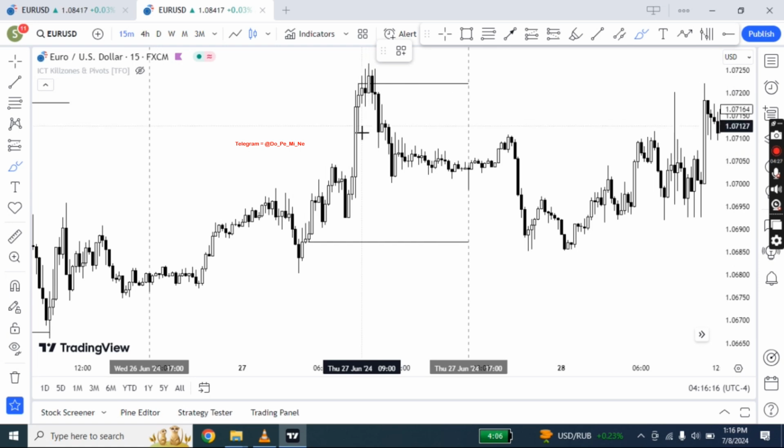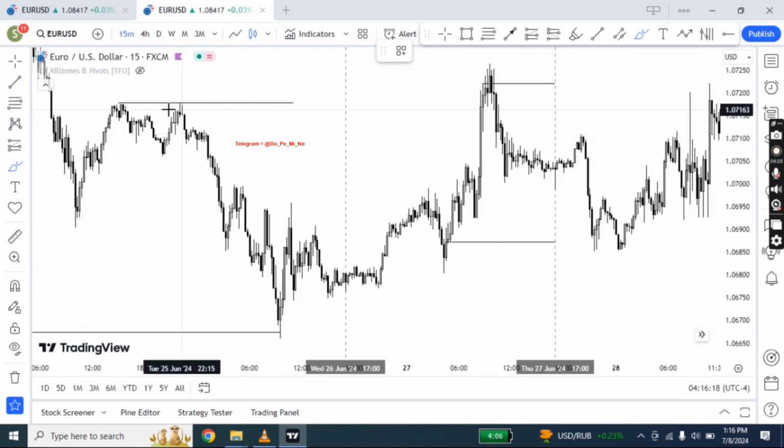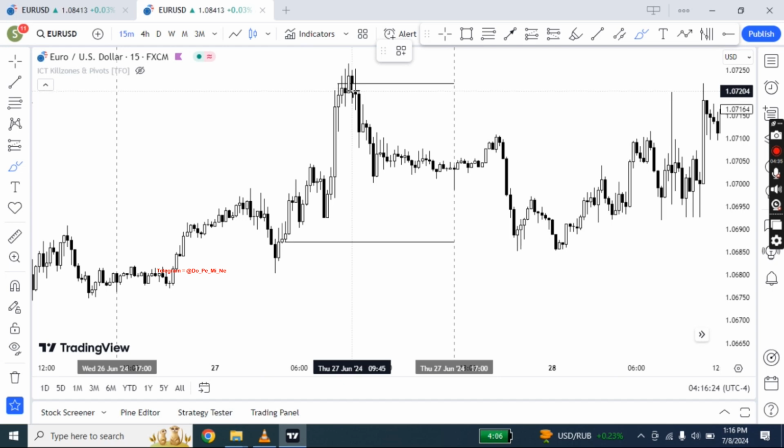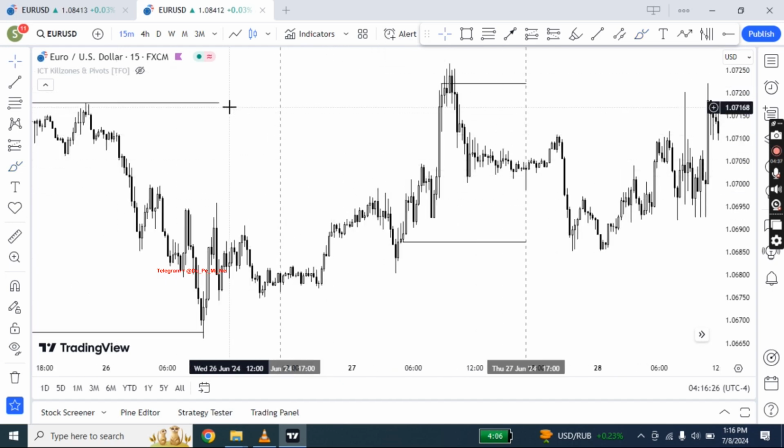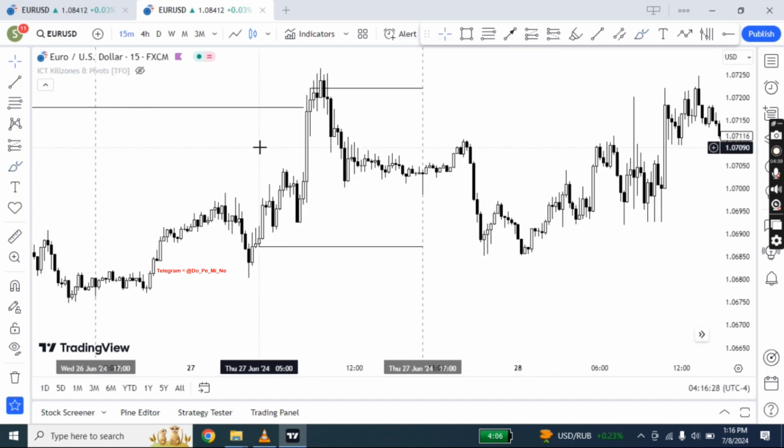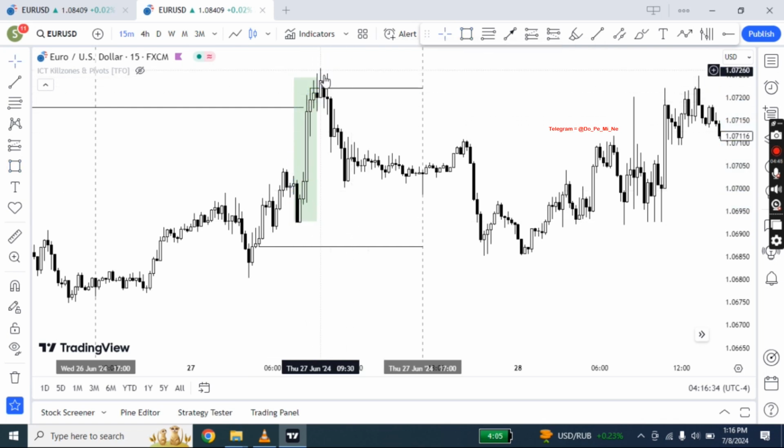And with this last expansion profile right here, we tested a key level in the form of a 4-hour inside range high. Now based on market profile and key level integration, the only possible outcome after price tests a key level with an expansion move is a reversal profile, right? So based on these factors, I expected a reversal.